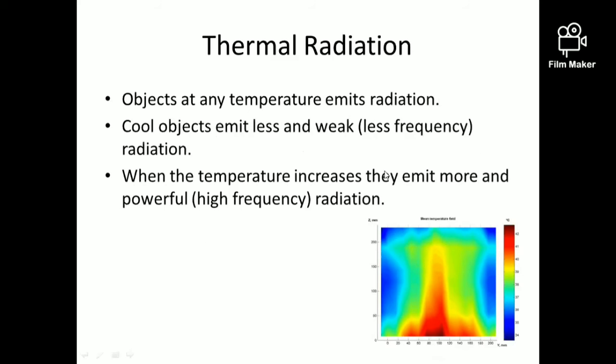But when you increase the temperature of the object, the amount of radiation becomes more, and it emits energy, which we call radiation, with very powerful waves, meaning with very high frequency.